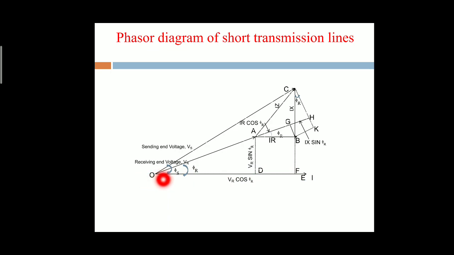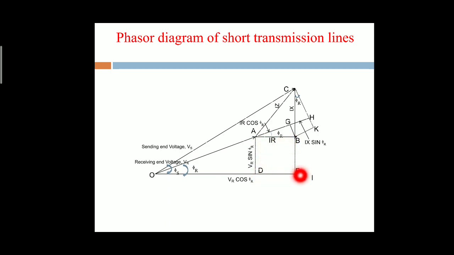The notation for OD is VR cos phi r. What is the notation for DF? The length of DF is equal to the length of AB, that is IR.